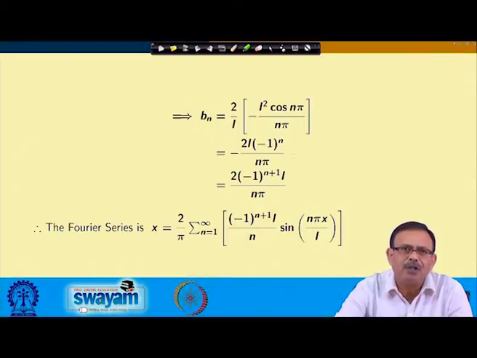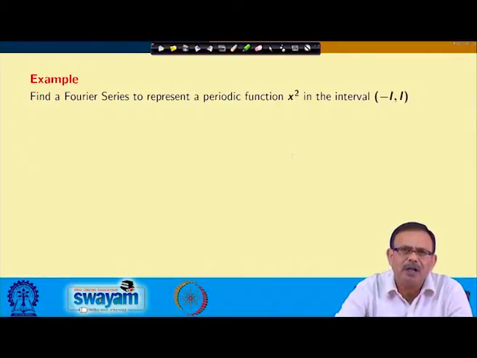So, that Fourier series of the function can be written as x equals summation n equals 1 to infinity of b_n sin term. So, I hope it is clear how we are finding the Fourier series of a function when it is defined in some arbitrary range minus L to L.